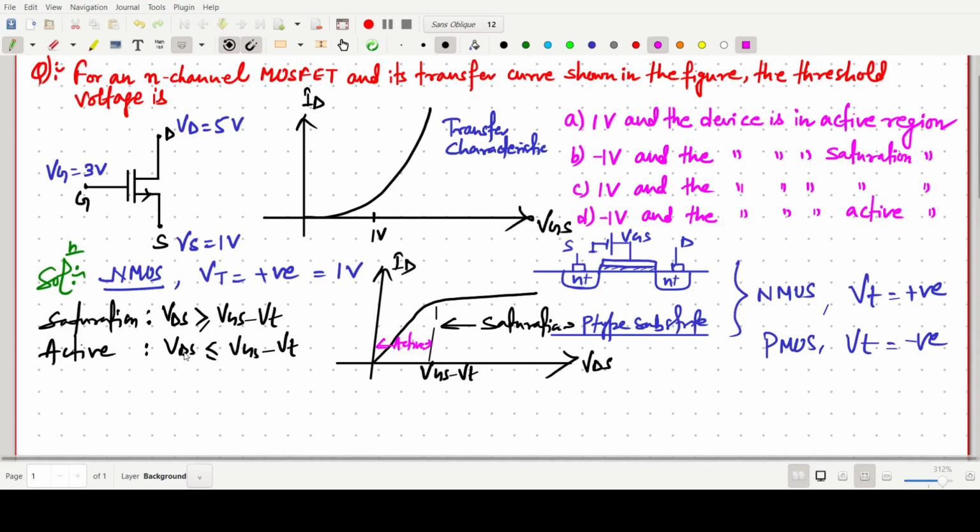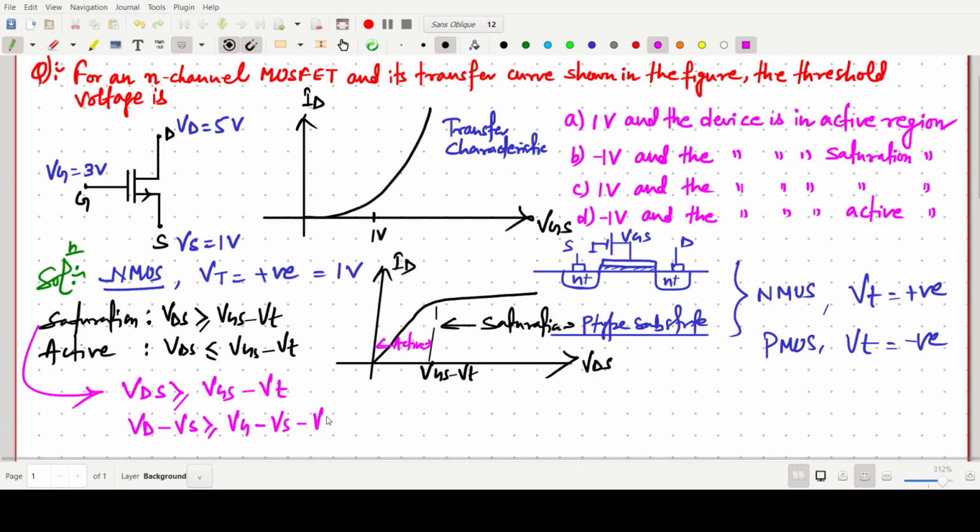Now what we are writing is VDS versus VGS. First I am considering that this is a saturation region, so this should be the condition. One can also write this as VD minus VS greater than or equal to VG minus VS minus VT.